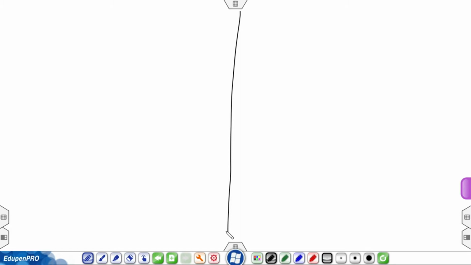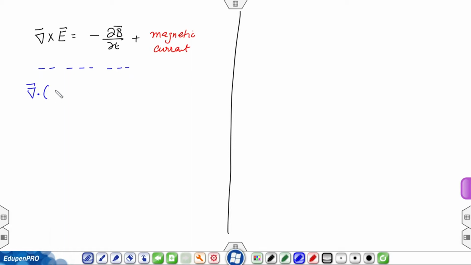Let us look at the other equation, and we will just do it systematically. The other equation which I am looking at is curl of E is equal to minus dB/dt, and I want to add some term which gives me the magnetic current. And as in the case of displacement current, we will use those kind of arguments. All right. So, let us do that. If I take divergence of curl, this is identically 0, and this should be equal to minus divergence of dB/dt plus whatever that extra term is.